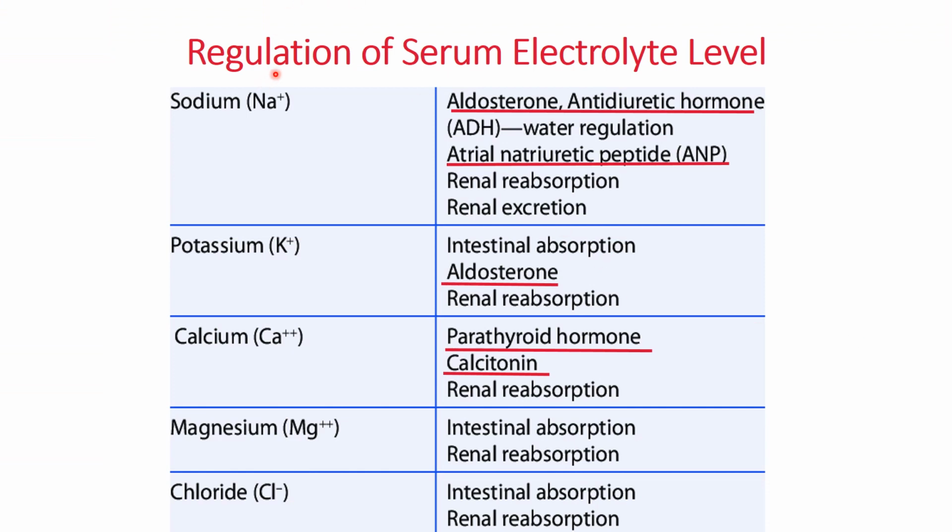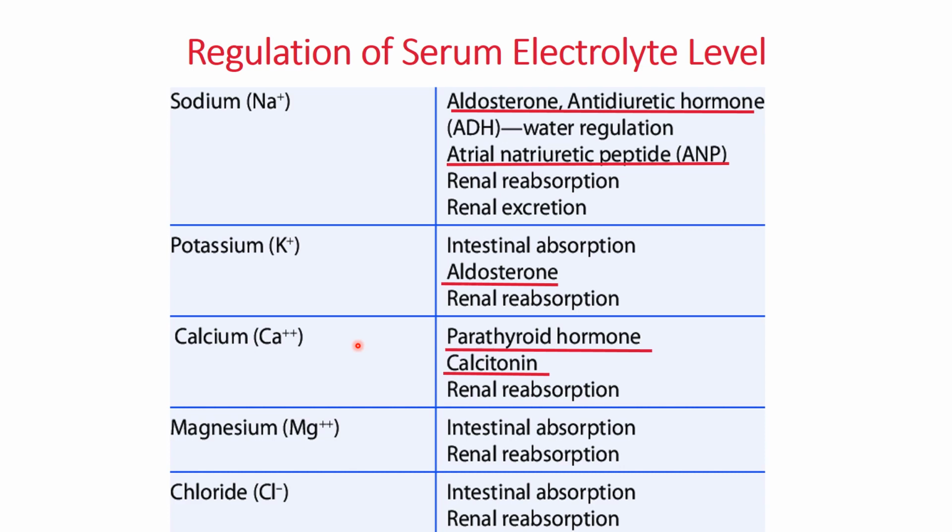Now, how is the regulation of serum electrolyte level done? So, sodium is regulated by aldosterone, and antidiuretic hormone by water regulation. Atrial natriuretic peptide also plays a role in sodium regulation, and they control renal reabsorption and renal excretion. Potassium ions are regulated by intestinal absorption apart from the hormone aldosterone, and it is also controlled by renal reabsorption.